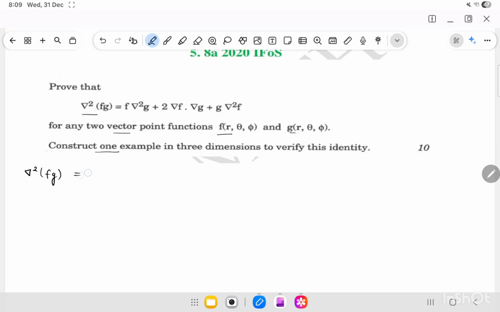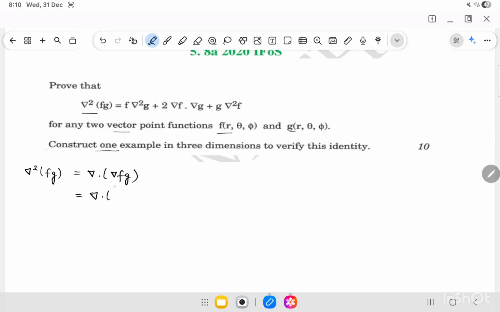So it can be written as del dot product of del of fg.